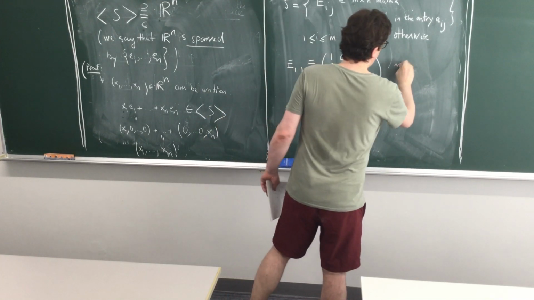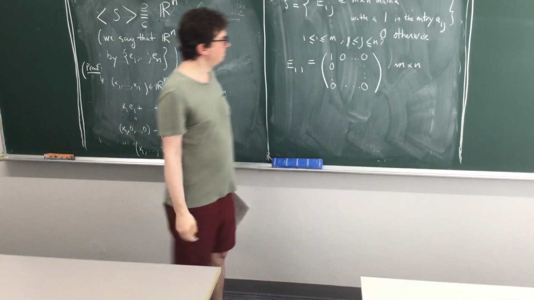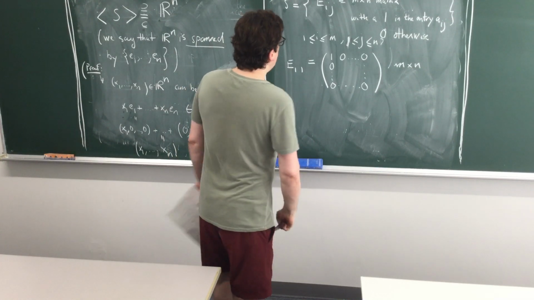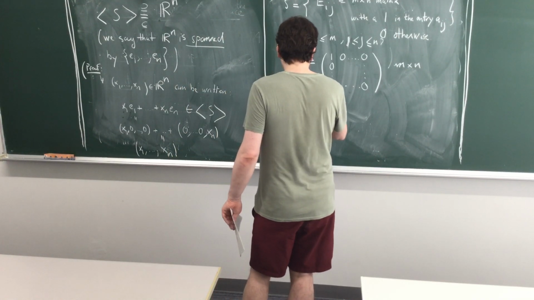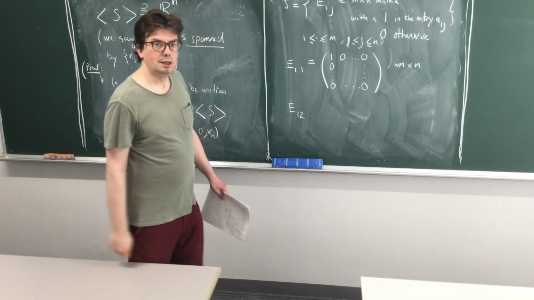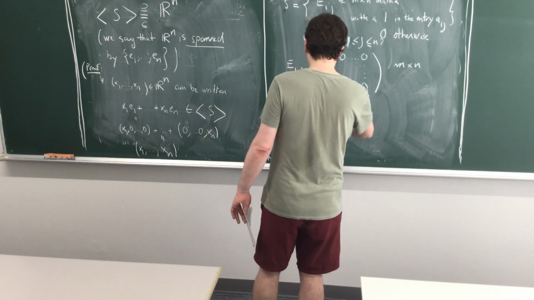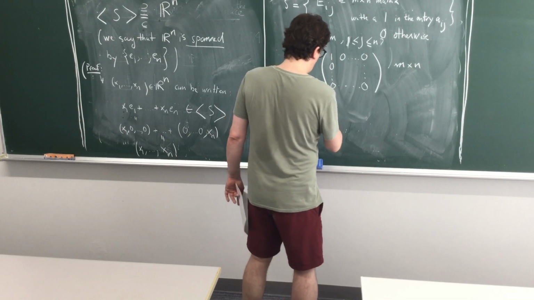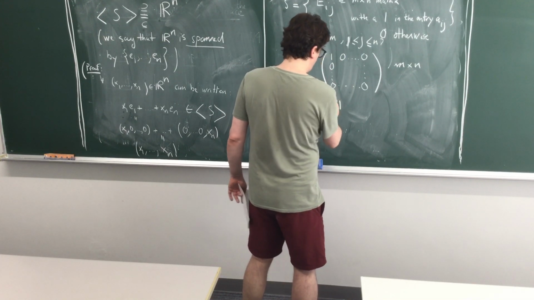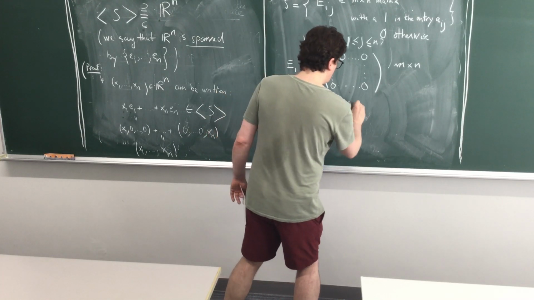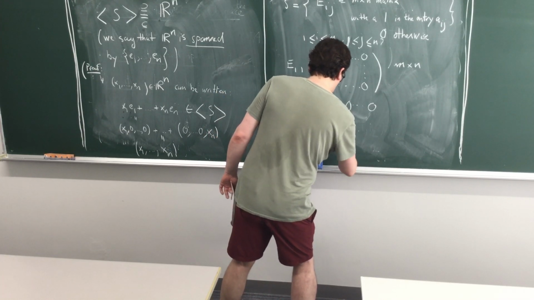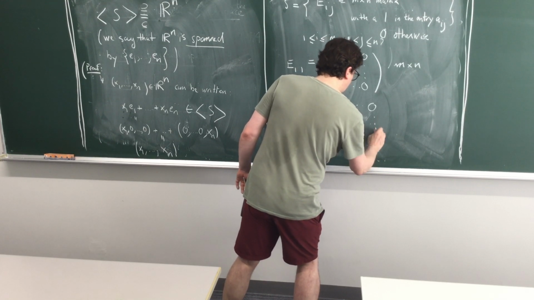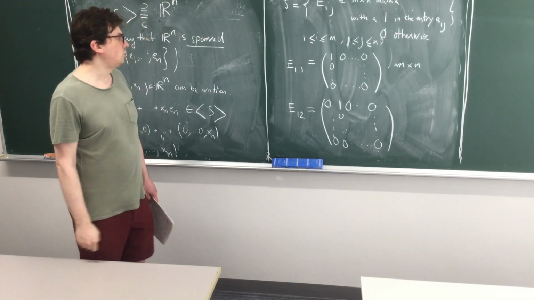And this will be an m times n matrix. This is E11. What would be E12, for example? E12 will have a 1 in the entry (1, 2). So first row, second column, you will have a 1, and everything else will be 0. So this will be E12.